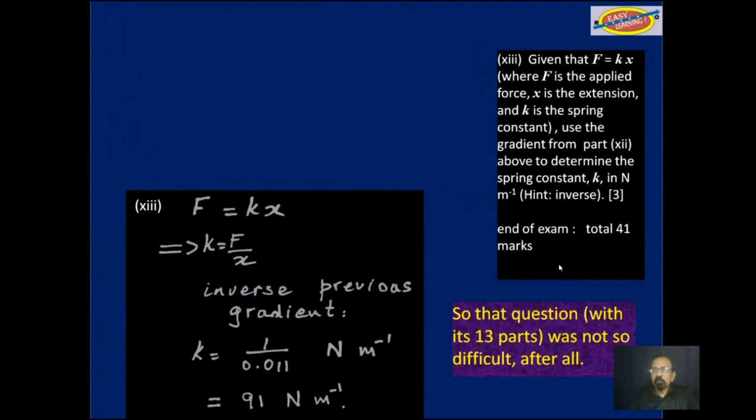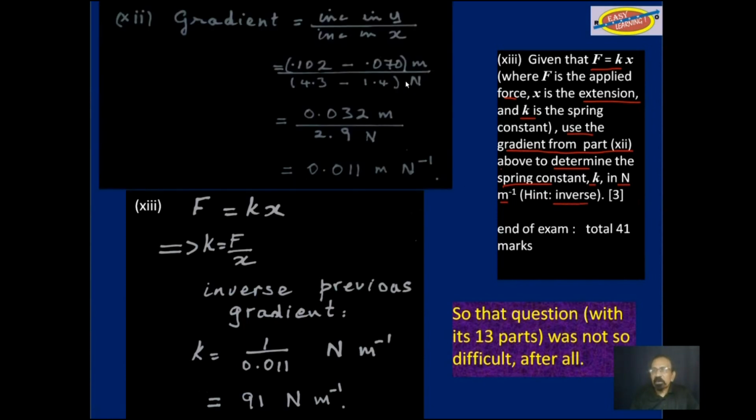And then finally, given that F is equal to Kx, where F is the applied force, x is the extension, and K is the spring constant, use the gradient from part 12 above to determine the spring constant, K, in Newton per meter, and the students were given a hint, something to do with inverse. So, this was the gradient of the graph.